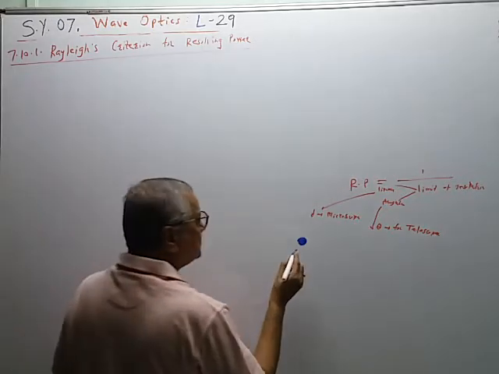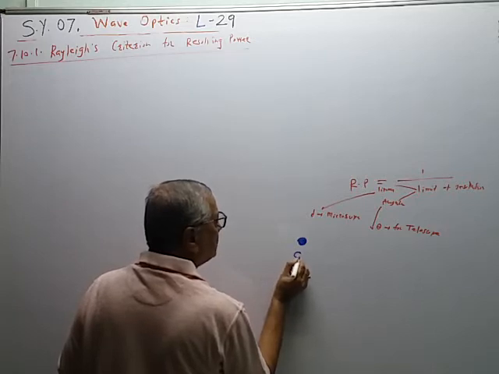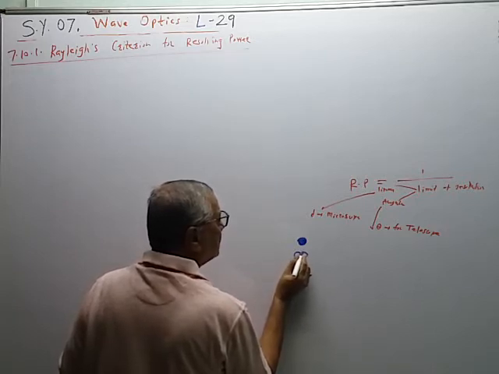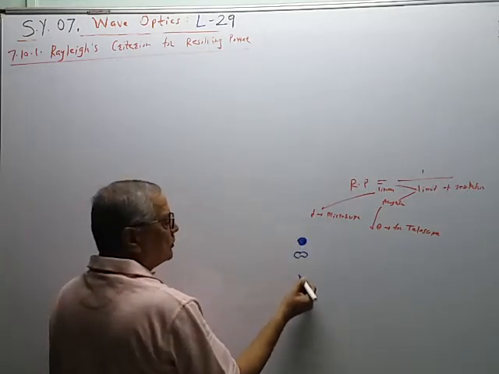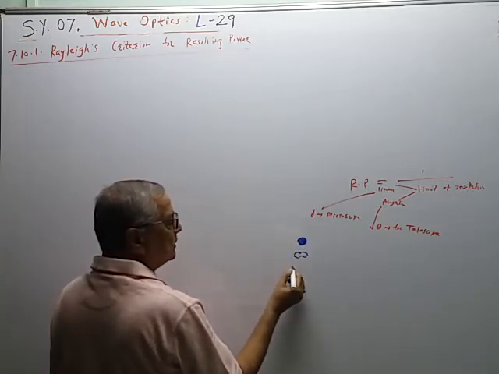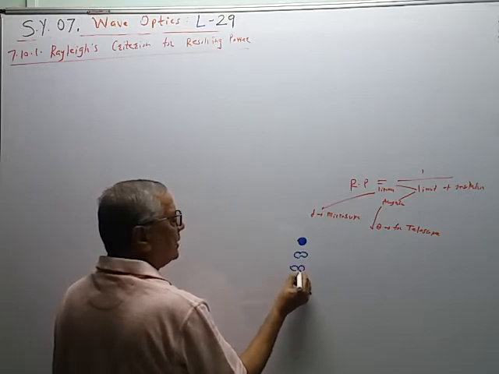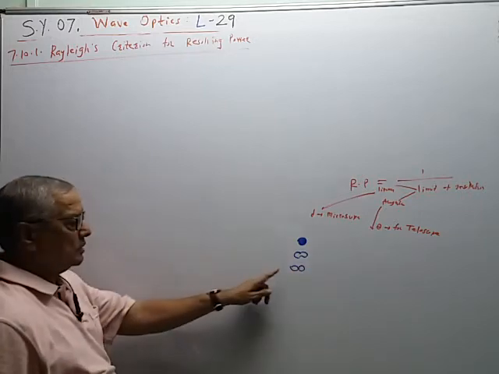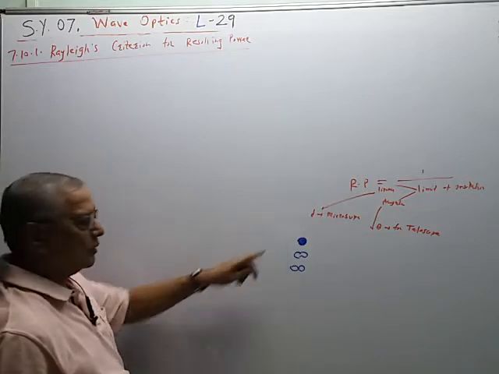As the car approaches us, the two images start to get separated like this. Still they are not separated, they are overlapping with each other. Now, when the car approaches, the distance between the car and the observer decreases, then at a certain distance, the two headlamps are seen just separated. This is just resolution, this is overlapping, unresolved.